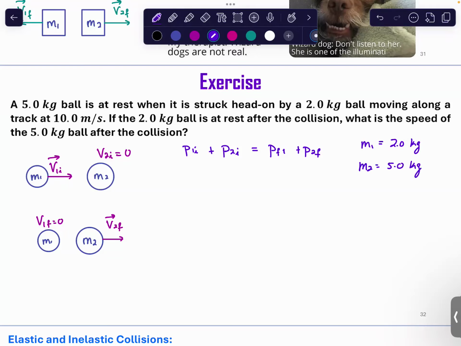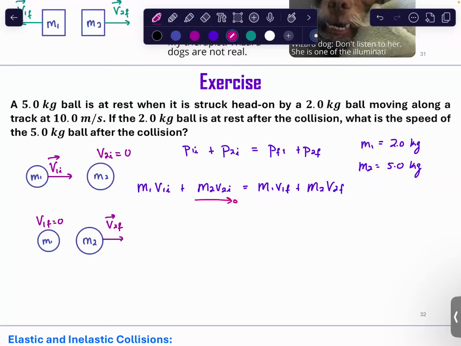Okay, so this is going to give M1 V1 initial plus M2 V2 initial equals M1 V1 final plus M2 V2 final. And then some of these are going to be 0 because initially mass 2 is not moving.